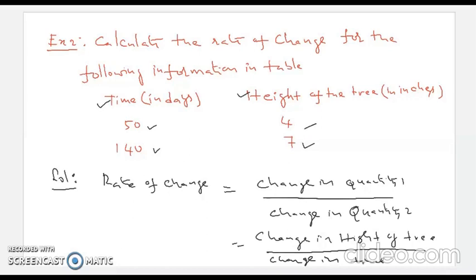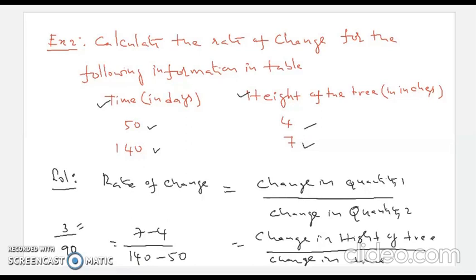So what is the change in height of the tree? Yes, 4, 7. So 7 minus 4, by the change in time, 140 minus 50. That is 7 minus 4, which is 3, by 140 minus 50, which is 90.